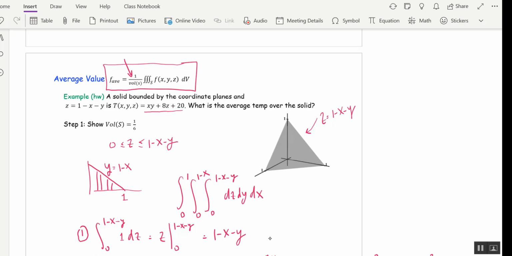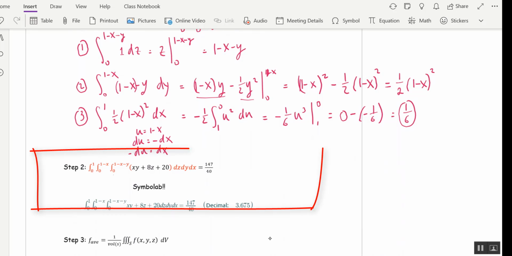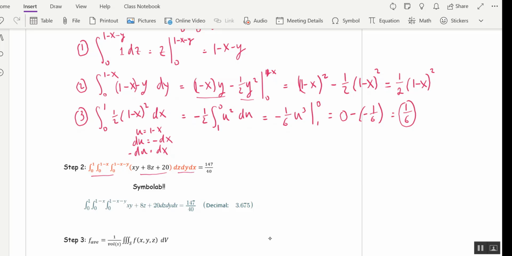The next step is to do this part, the triple integral over the region. So the limits will be the same on the next integral, but the function will be the temperature function. So I've set that up right here. Notice the limits are the same as our last integral. I put in the temperature function, and my order is dz dy dx. Now, this is going to be a very ugly integral, although nothing's too difficult.